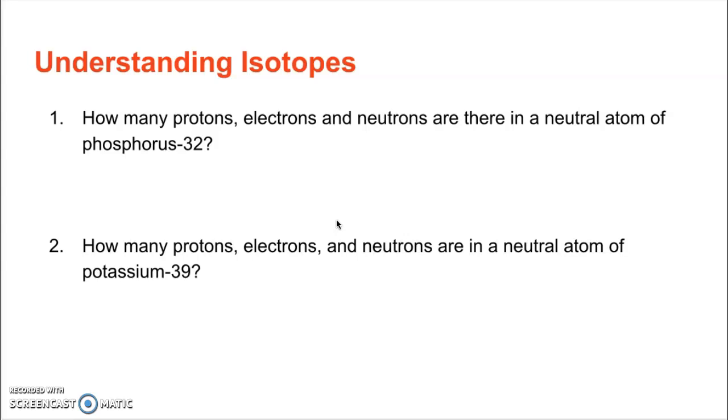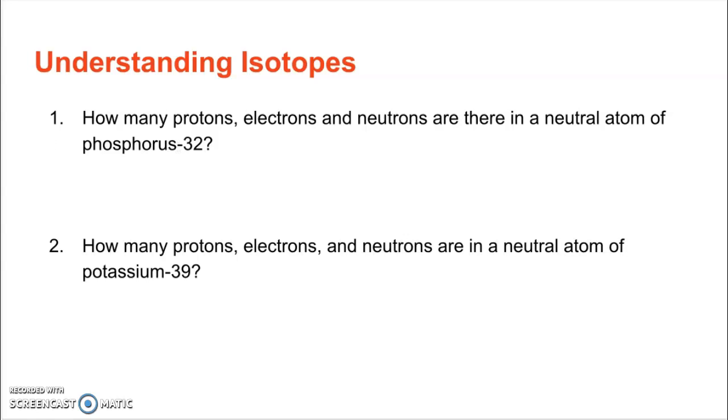Anyways, if you said that phosphorus 32 has 15 protons, you are correct, right? Phosphorus, if you look on your periodic table, has an atomic number of 15. So it's going to have 15 protons. And we also know that in a neutral atom, the number of protons equals my number of electrons.